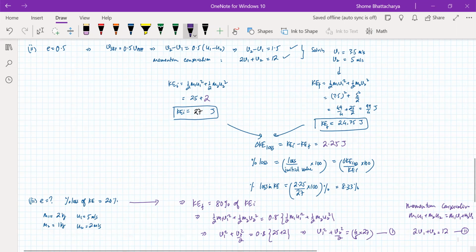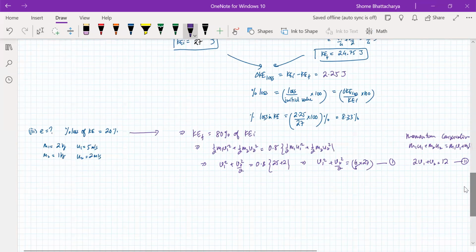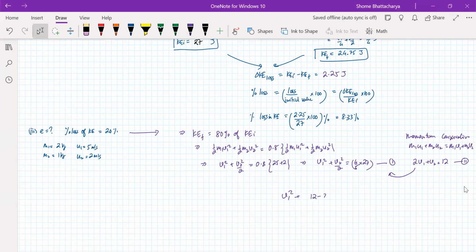Solving this is a bit lengthy, but anyhow, let's see how it is done. Basically, you'll get a quadratic equation when you substitute this here. You can see that V1 square plus V2 square, where we can substitute V2 as 12 minus 2V1, is equal to, if we multiply 27 with 0.8, 21.6.